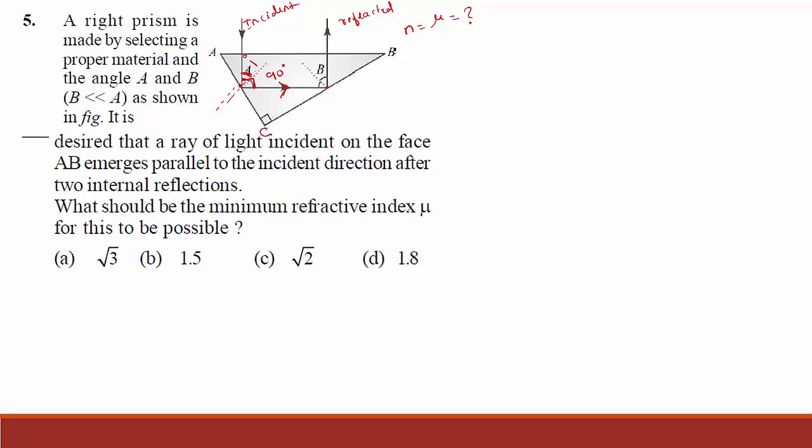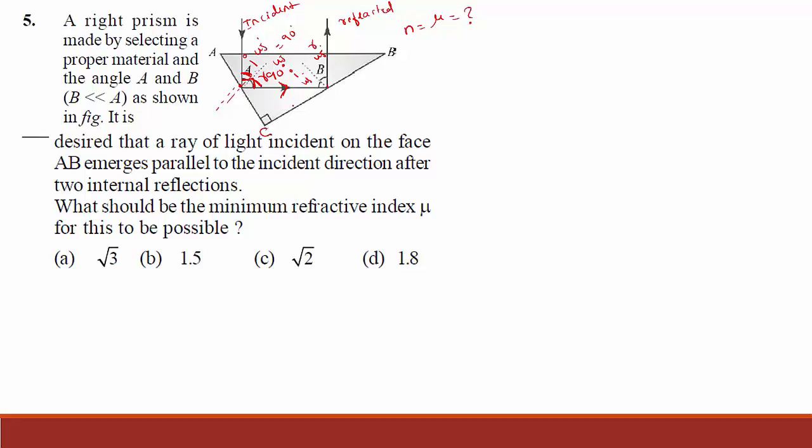The angle between refracted ray and normal is the angle of refraction. Total angle is how much? 90 degrees. So this will be 45 plus 45, that gives 90 degrees. That means the angle of refraction is 90 degrees. For both the cases, here also this is 45 and this is 45. This is the angle of incidence and this is the angle of refraction.